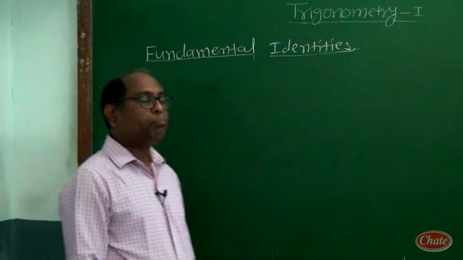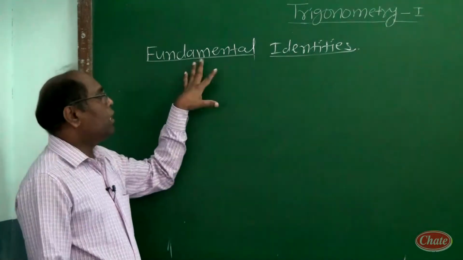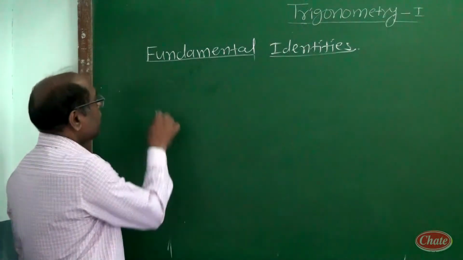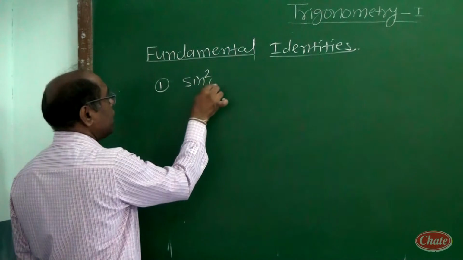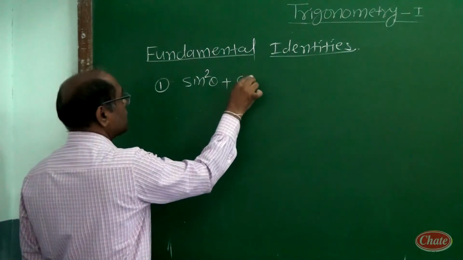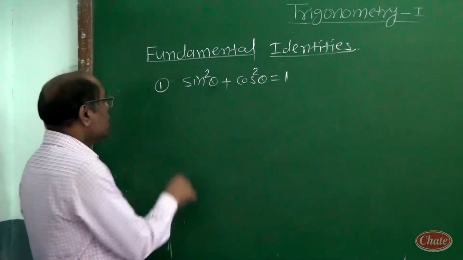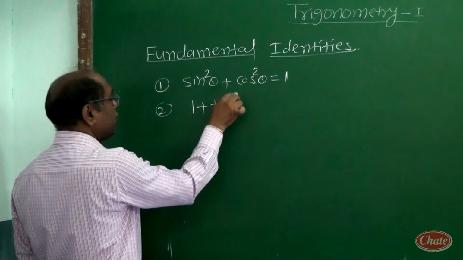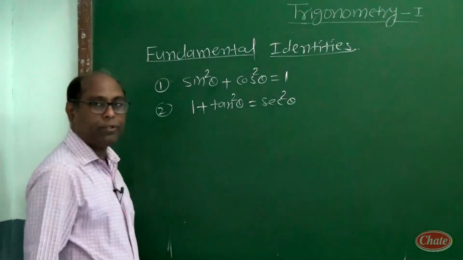Now, the fundamental identities from trigonometry. There are 3 fundamental identities. Number 1, sin square theta plus cos square theta is equal to 1. Second, 1 plus tan square theta is equal to sec square theta.